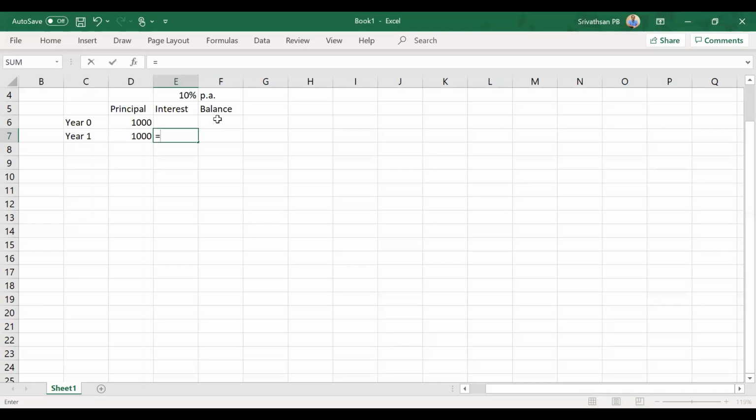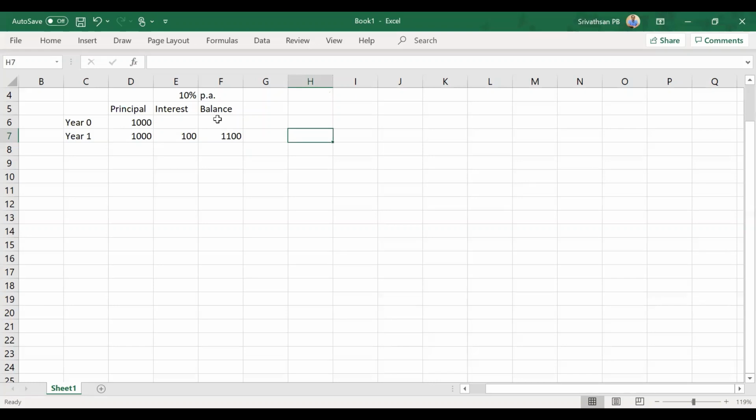Interest for that 1 year is 100 rupees, 10%. So your total balance at the end of year one is 110.